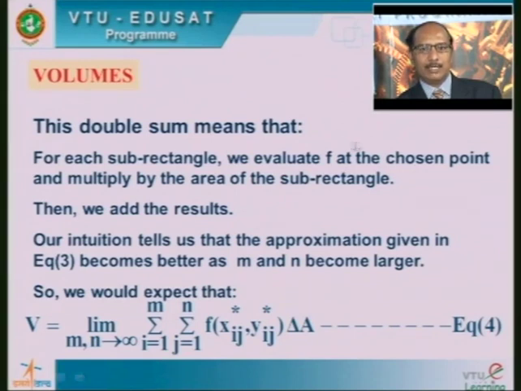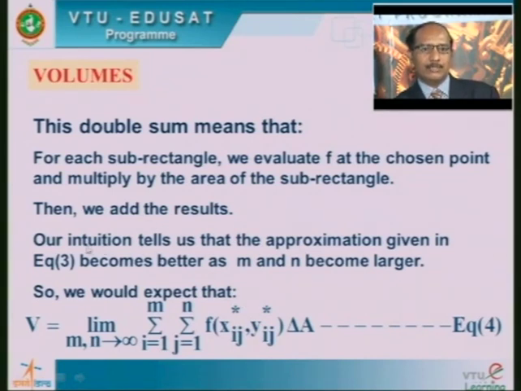That function value we call the height of the box, and multiply by the area of the sub-rectangle, delta A, the area of that particular rectangle. Then we add these results.